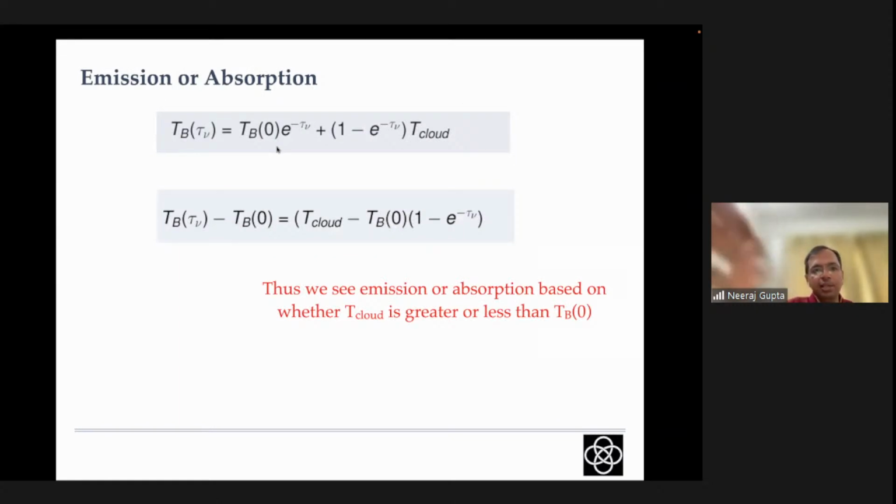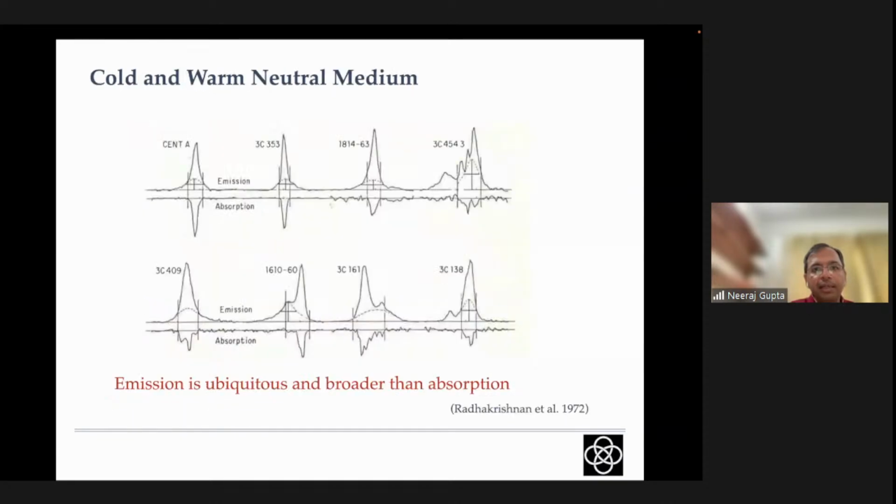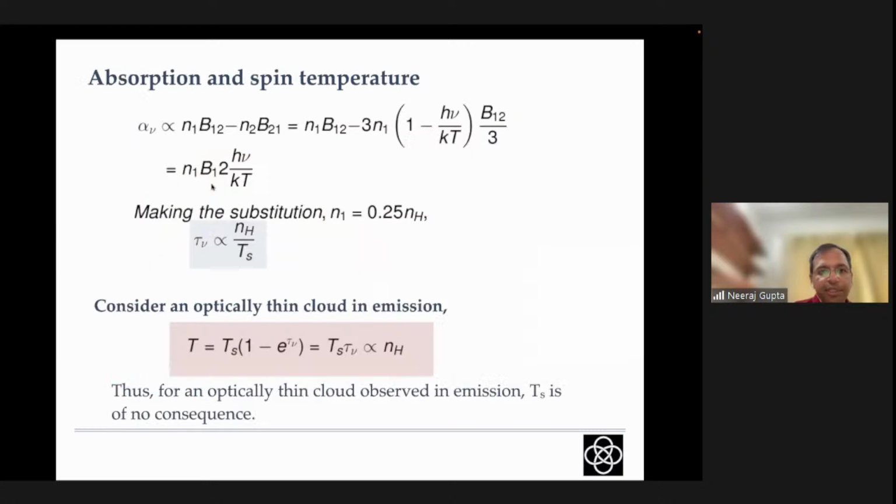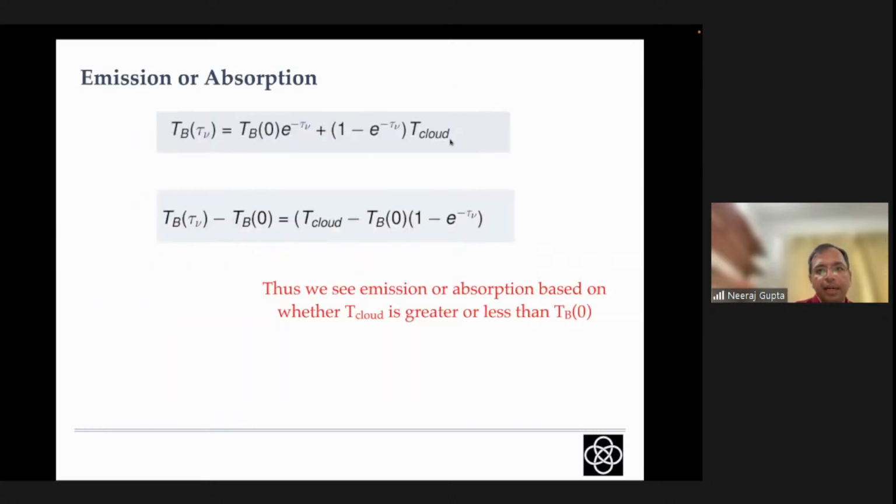It's an AGN, so its brightness temperature is much higher compared to the intervening cloud, which will have a temperature of a few hundred Kelvin, right? And the background source will have a temperature of millions of Kelvin and even more. And then when I am looking at a sight line slightly away from the radio source, then I will not have any absorption because there is nothing behind. I will see this cloud only in emission, which is this second term that I am talking about.